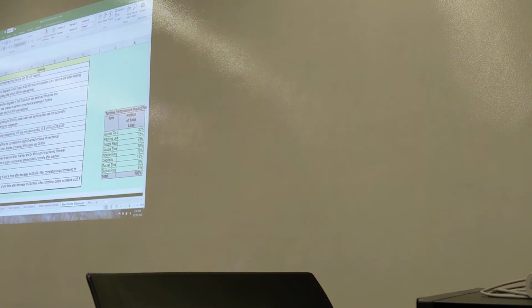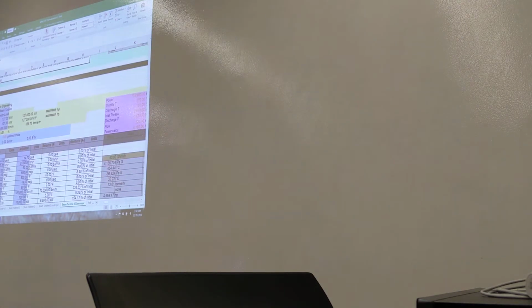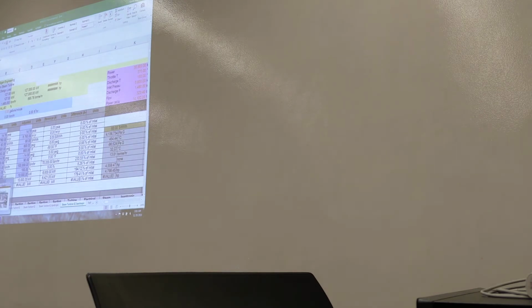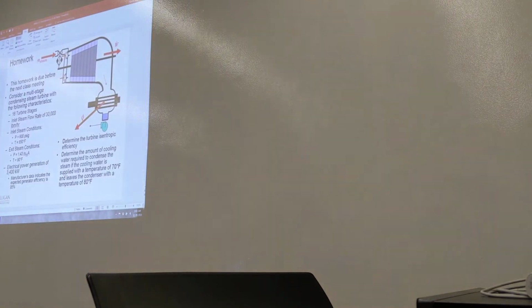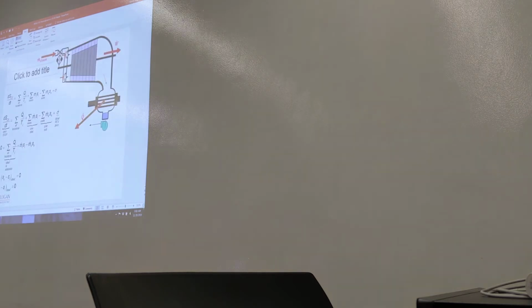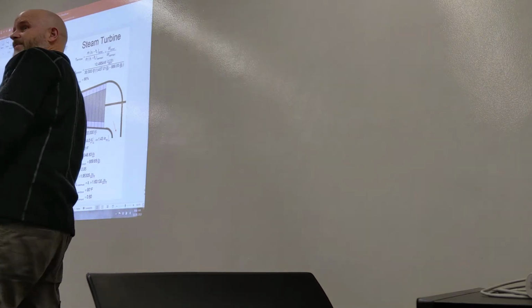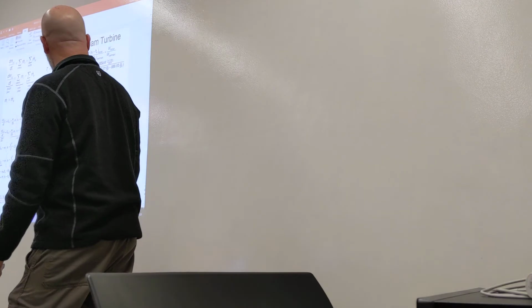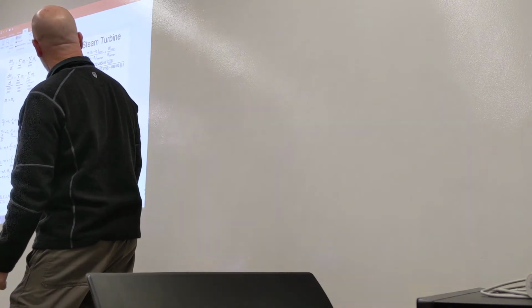Well, in my world, if I had done this problem, I had to come up with the enthalpy of the steam leaving the turbine. What about this one? There we go, 600, 800. Or was it 850? Probably changed the number somewhere along the way.